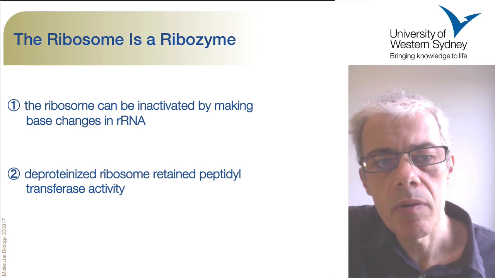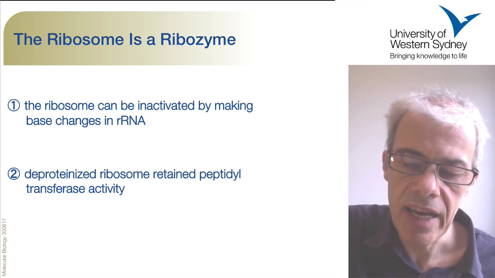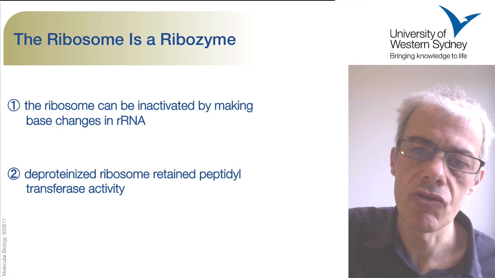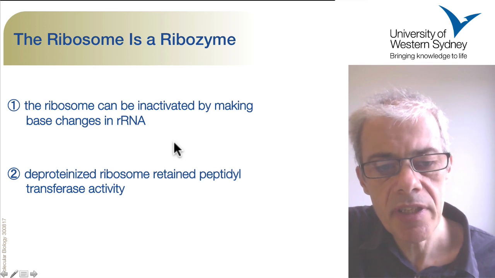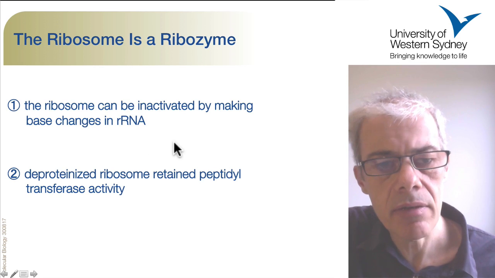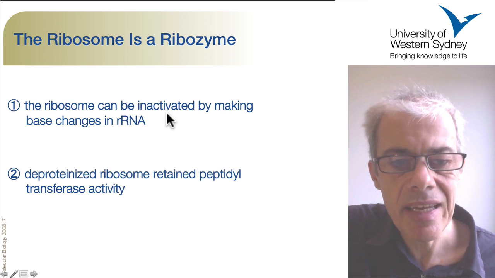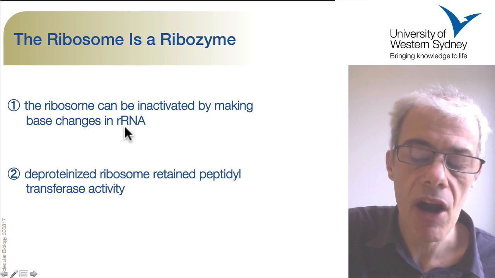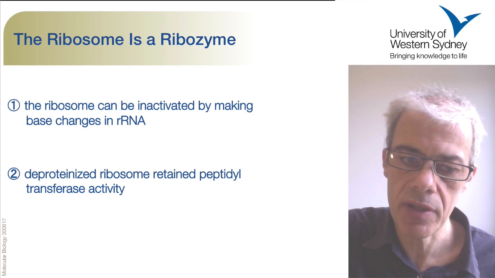So the ribosome is described as a ribozyme, indicating it's an enzyme. It means that the catalytic function is driven by RNA. And two pieces of evidence that really nailed this point was that the ribosome can be inactivated by making base pair changes to the rRNA, which indicates how important the ribosomal RNA is to the process.